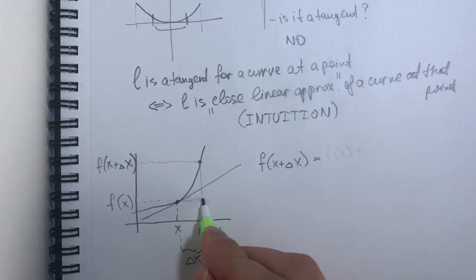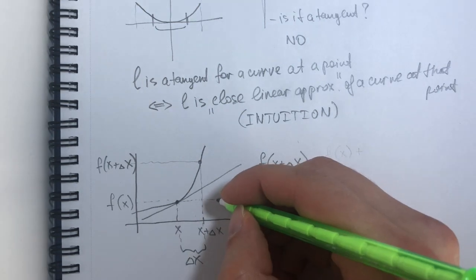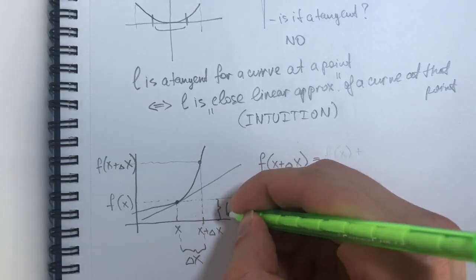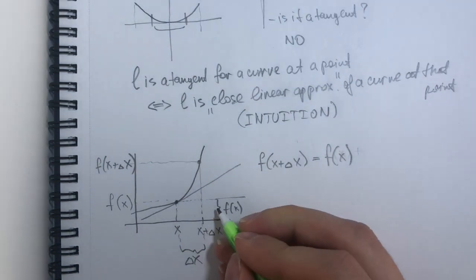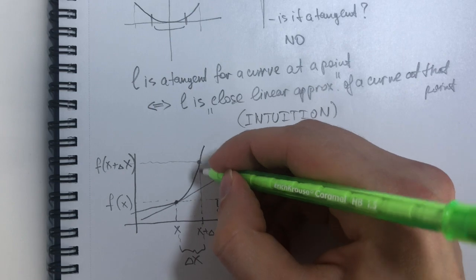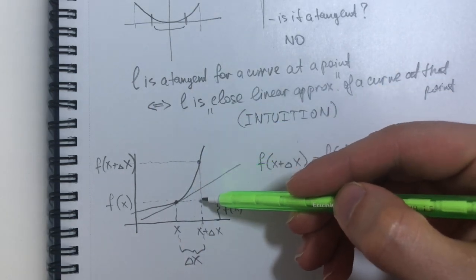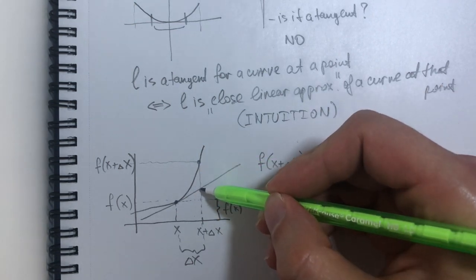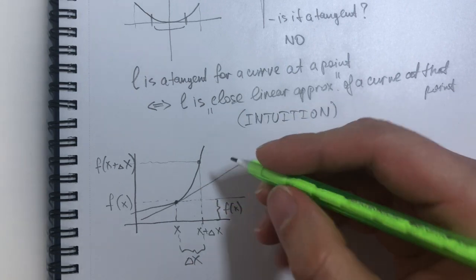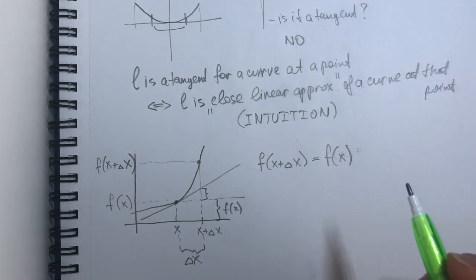Let me continue this horizontal line. Well, first of all, I see that I have to add f(x), right? And then there are two bits. There is this vertical distance between f(x) and f(x + Δx) that is split in two parts by my tangent line.